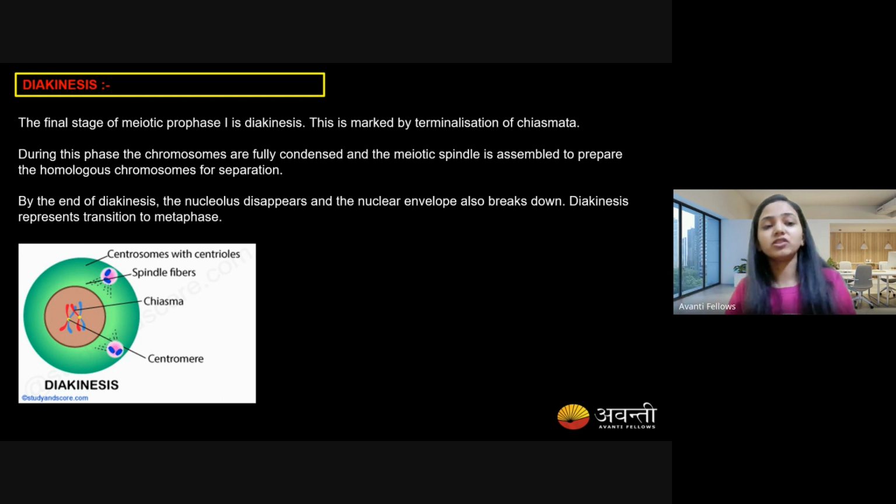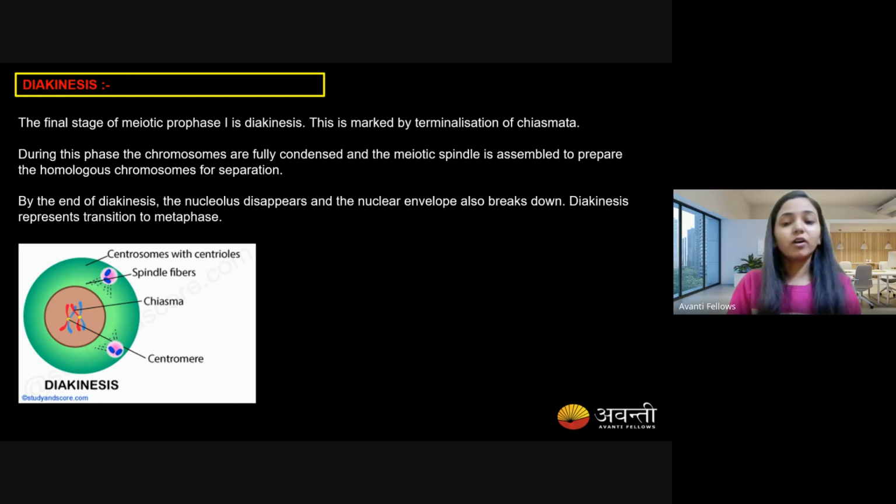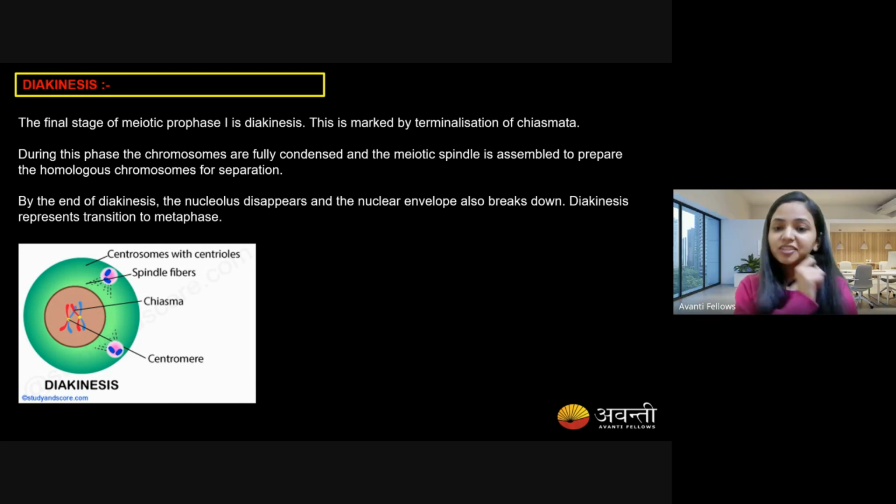After finishing metaphase 1, the cell will enter which phase? Anaphase 1. What will happen in anaphase 1? Chromosomes get separated, ma'am. Yes, this is the main difference here. In mitosis, the centromere splits, because we need to divide the chromosomes in equal number.